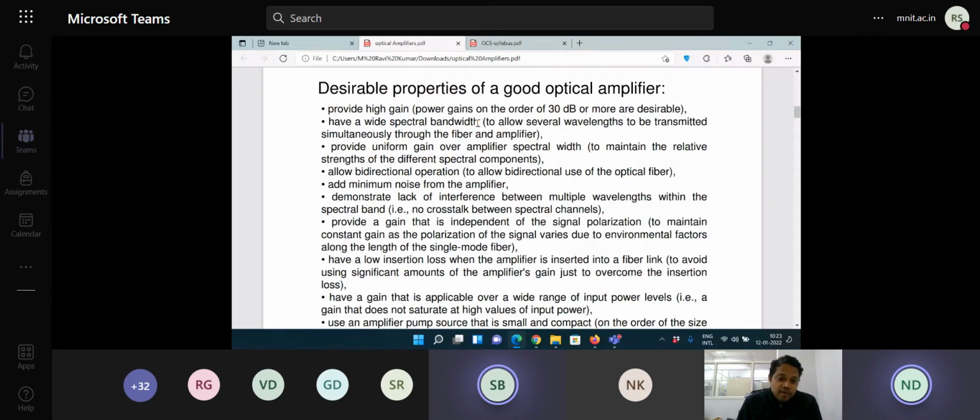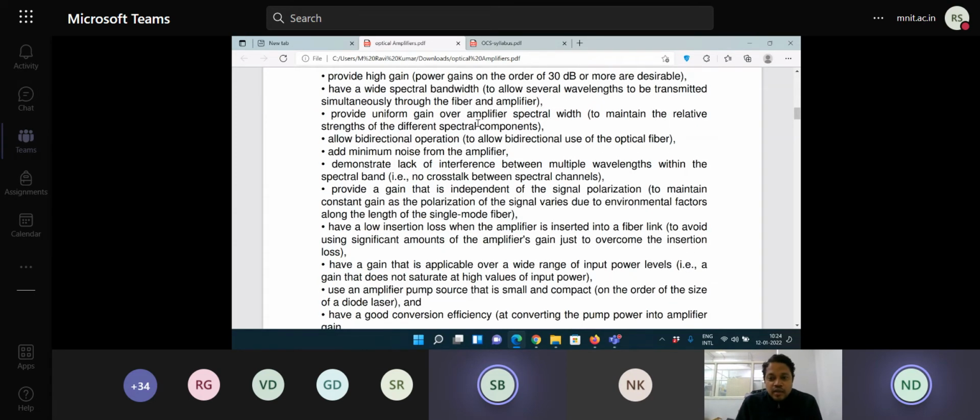The connector can be a permanent connector or a temporary connector. Depending on how you want to use it, it can be a splice or it can be some SC or LC connector. Whatever connector you introduce should introduce minimum loss. So the lower the loss, the better.